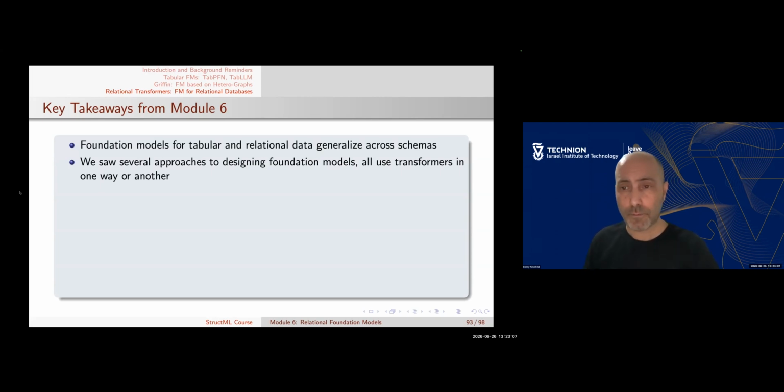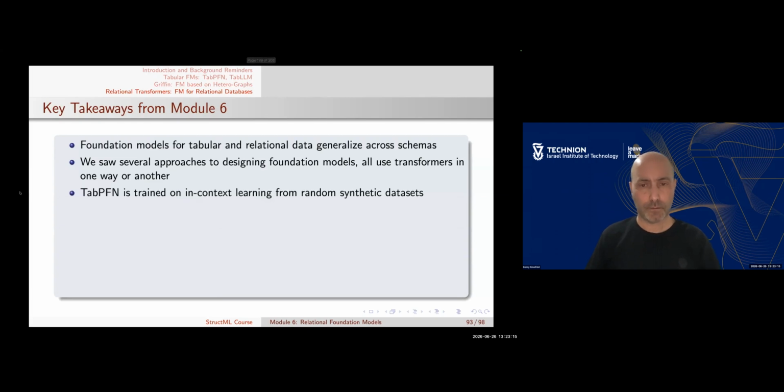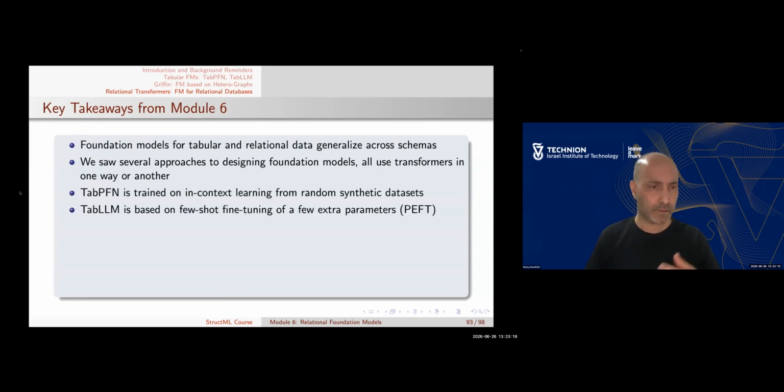We saw several approaches for foundation models. Basically, each one used transformers in one way or another. TabPFN used synthetic data sets. TabLLM used an LLM plus fine-tuning of extra parameters, so we saw this idea of parameter-efficient fine-tuning.